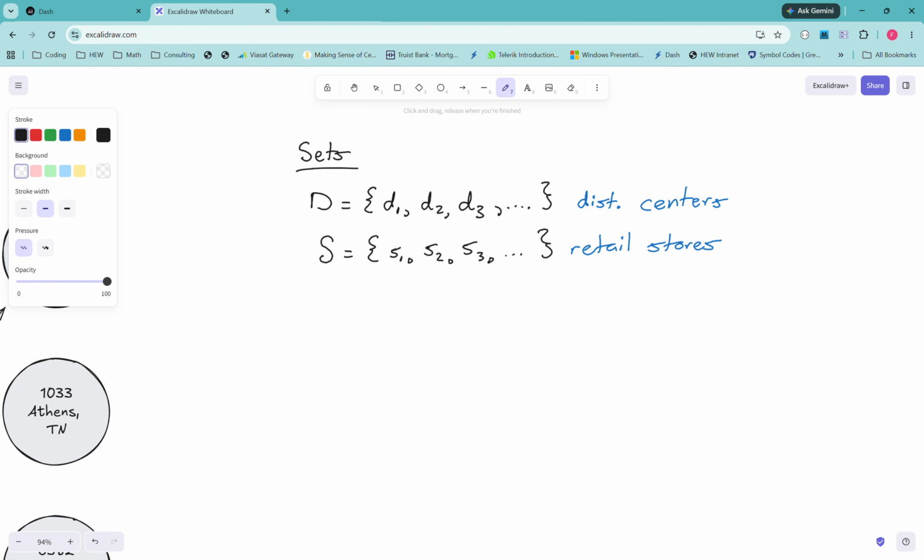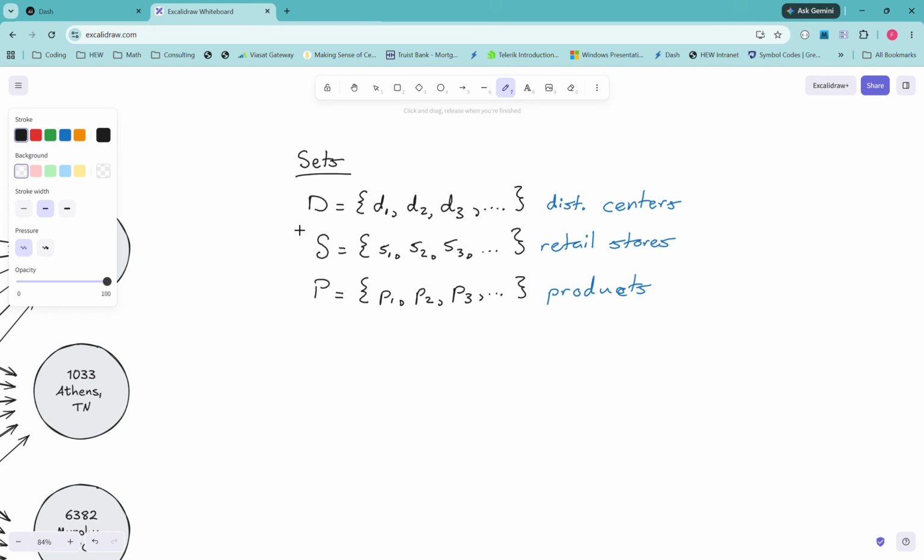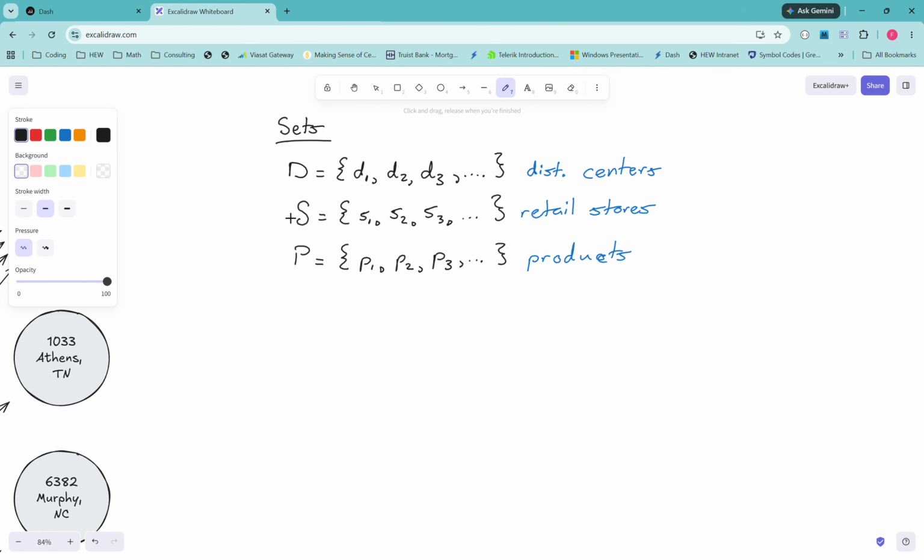Notice I think we had between 5 or 6 different products there that we were considering. All right, so now that we have our sets, we next need to think about some parameters.